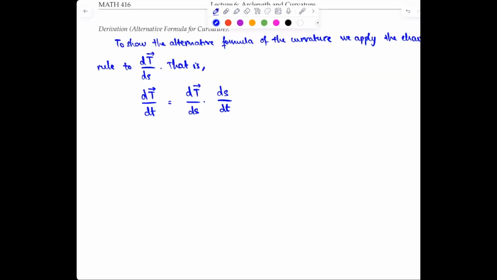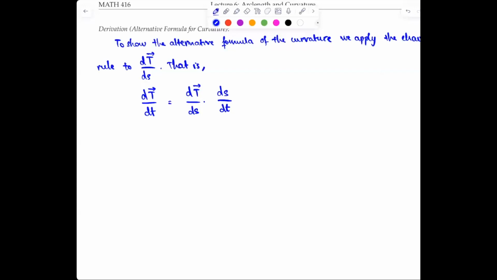This formula is saying that the rate of change of the unit tangent vector with respect to the parameter t is equal to the rate of change of the unit tangent vector with respect to arc length, multiplied by the change of arc length with respect to t.